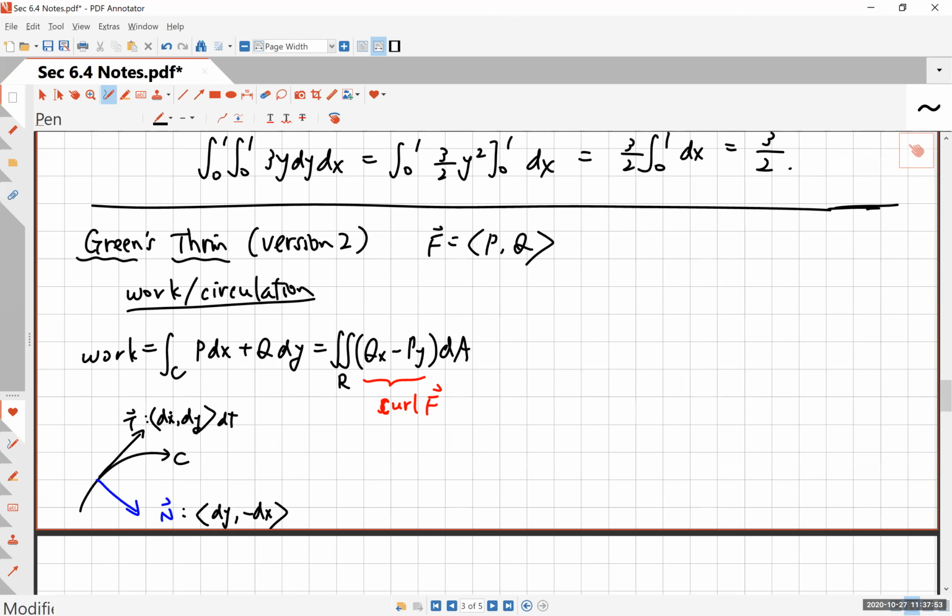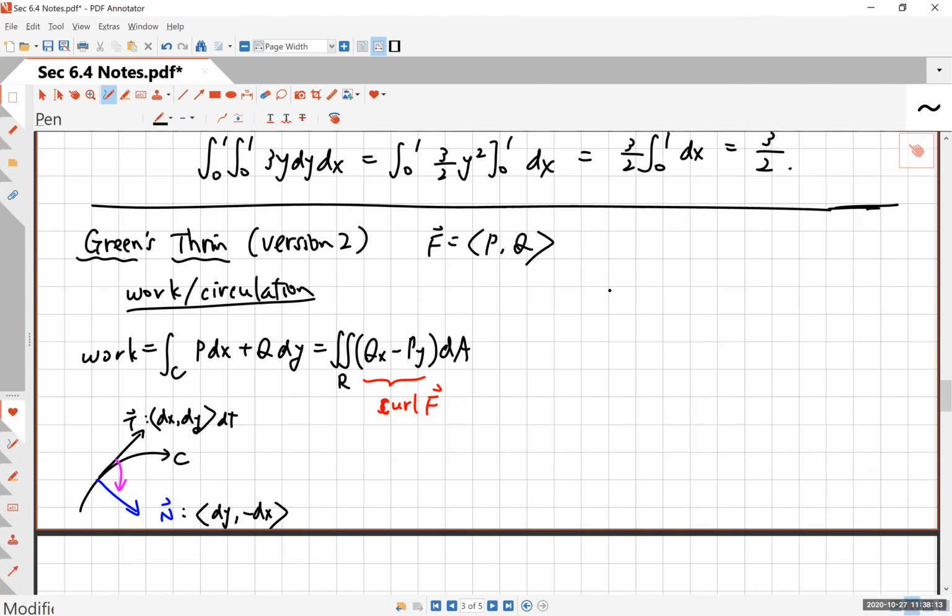It's turned 90 degrees clockwise from T. That's how you get n, and the order of this vector is dy comma negative dx.